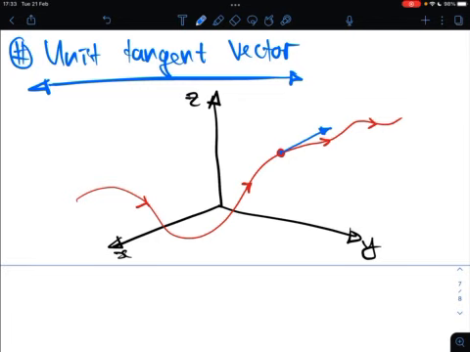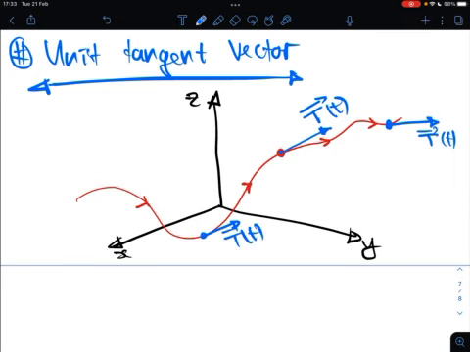This tangent vector is always denoted by T, a capital T with an arrow at the top to signify that this is a vector. And usually it's also a function of the parameter t, because when the particle moves to another position, we have a new tangent vector facing in another direction. Even here again, you will have another unit tangent vector which is facing in another direction.